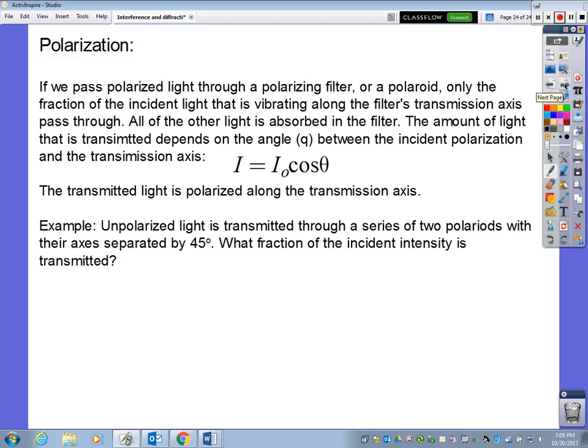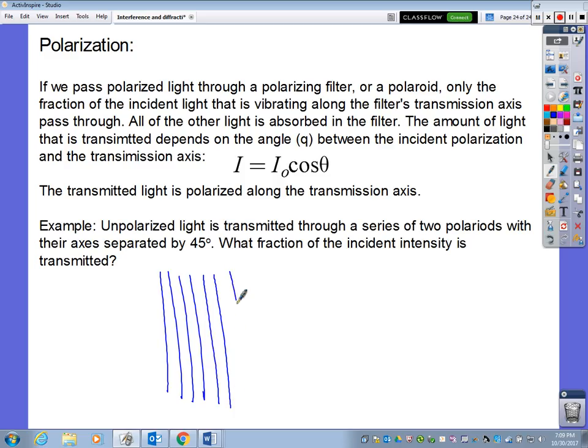If polarized light travels through a filter, say you have a filter that's oriented up and down, like in the last slide. Ooh, that's not good. Let's make these more parallel. And you have light that comes in aligned with the polarization axis, like I said before. All of that's going to be transmitted.